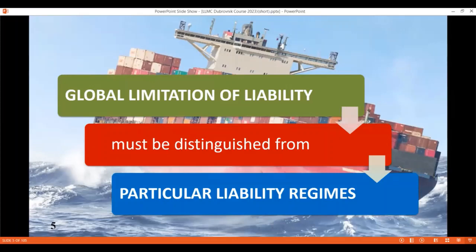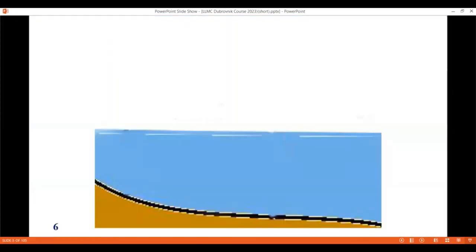You may find that in contract, you may find that in tort, etc. It only tells you who can limit liability, up to how much, for which claims, and the procedure, etc. Whereas other conventions, like the ones my colleagues will be discussing, give you the basis of liability, for example whether it's fault-based, whether it's strict liability, etc., and maybe limits of liability in certain cases. So you have to distinguish between global limitation of liability and particular liability regimes.